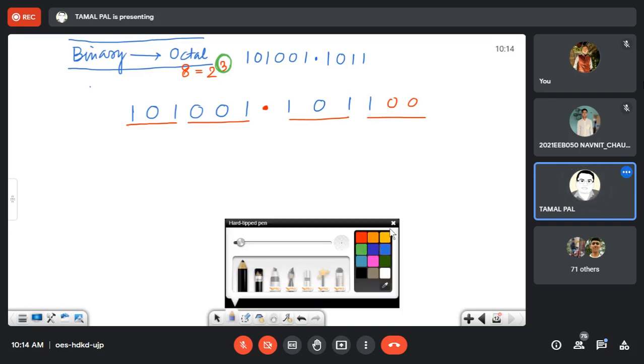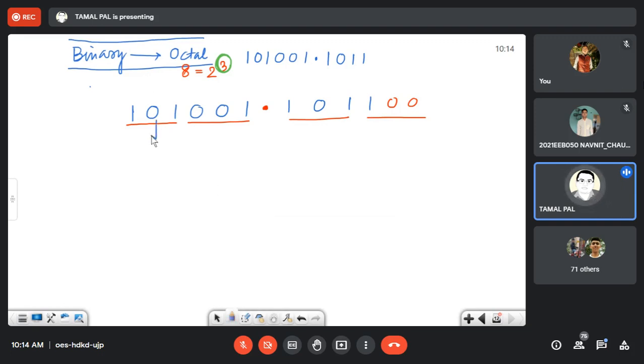Now, tell me, what is the binary of this? What is the binary of this? What is the binary of this? And what is the binary of this? Tell me. 2, 4, 8... 1, let's say. So 1, 0, 1. Actually, it is nothing but 5.